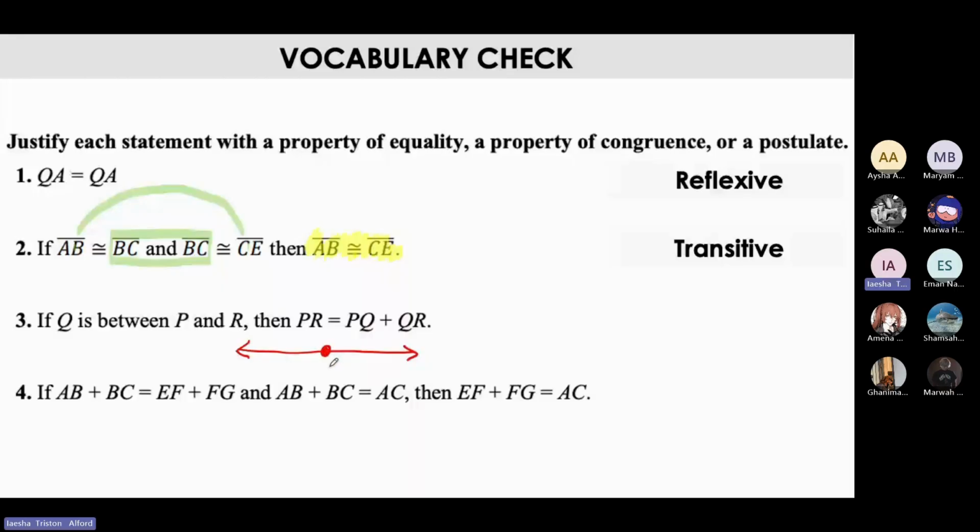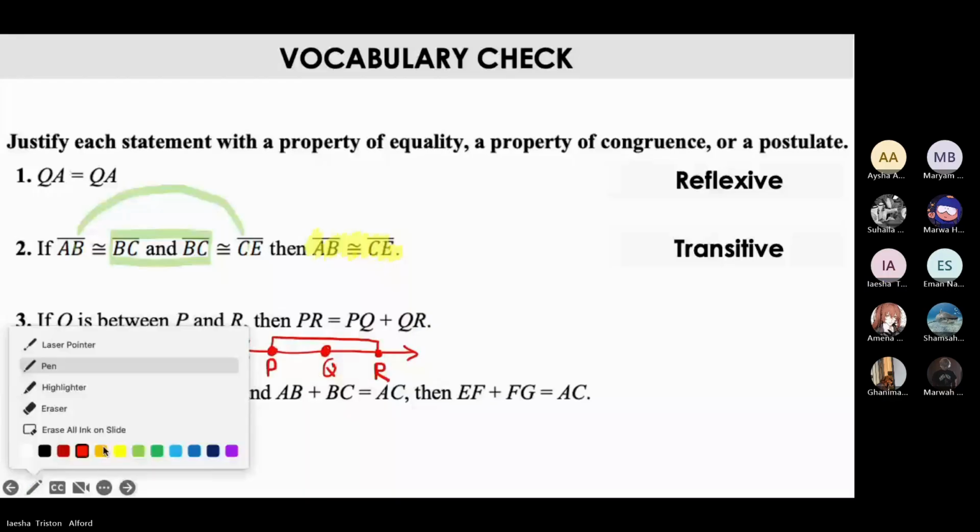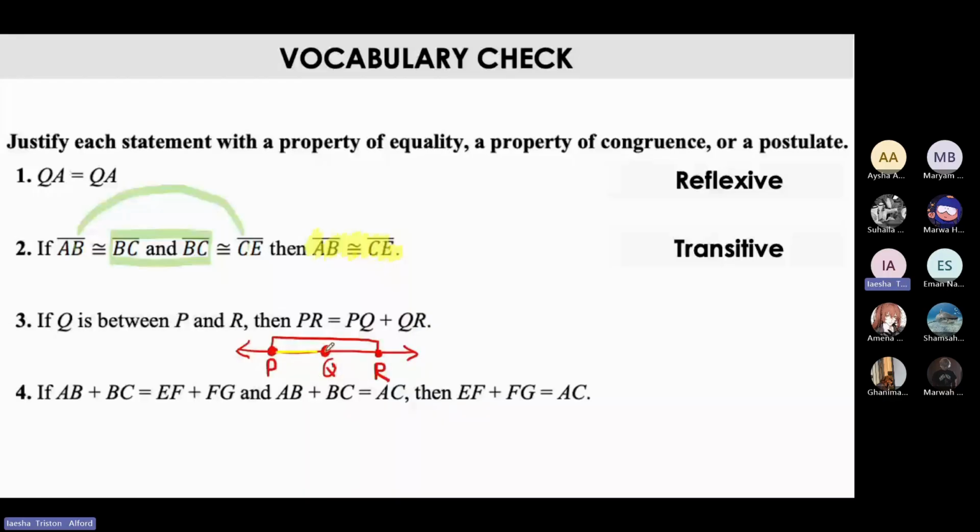So Q is in the middle, P is on the left, and R is on the right. So from P to R is equal to what? PQ plus QR, correct? Segment addition.